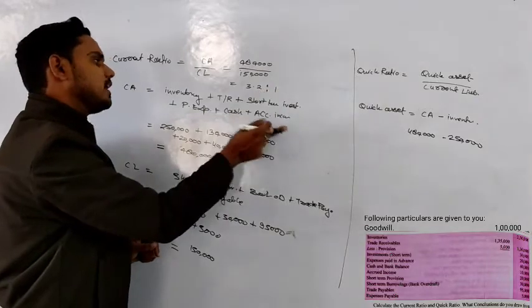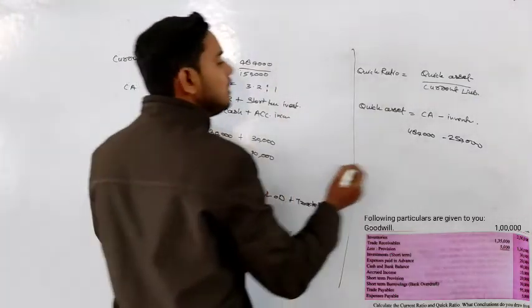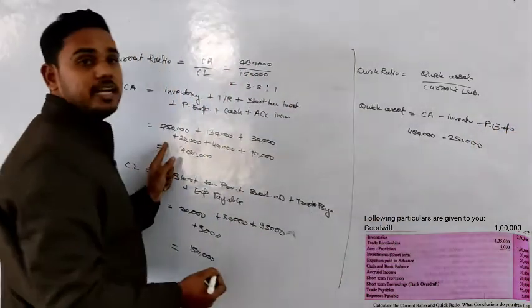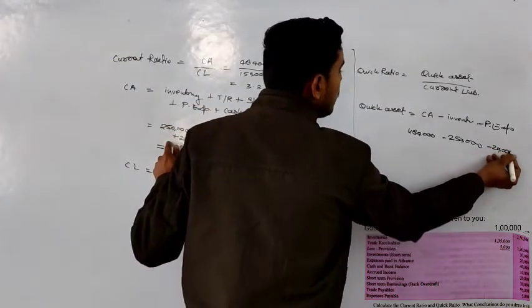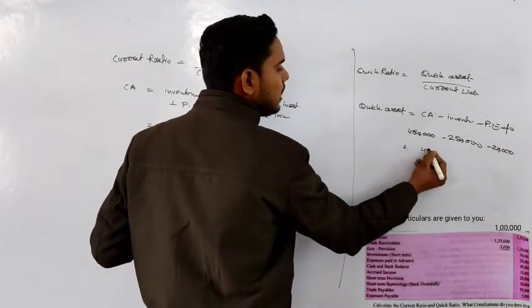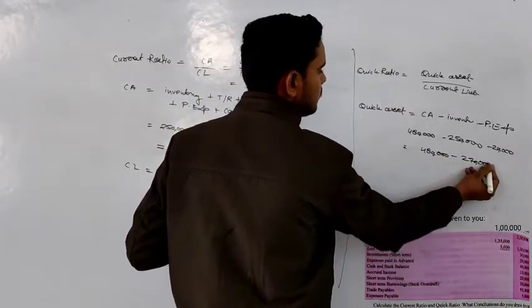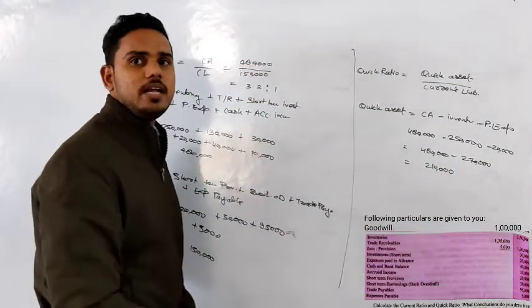Short term investment we can consider. Prepaid expense we need to ignore. So we will do what? We will deduct the prepaid expense also. And that is how much? That is 20,000 rupees. So minus 20,000. So we have to deduct 480 minus 270. That will be 2,10,000. No confusion, right?